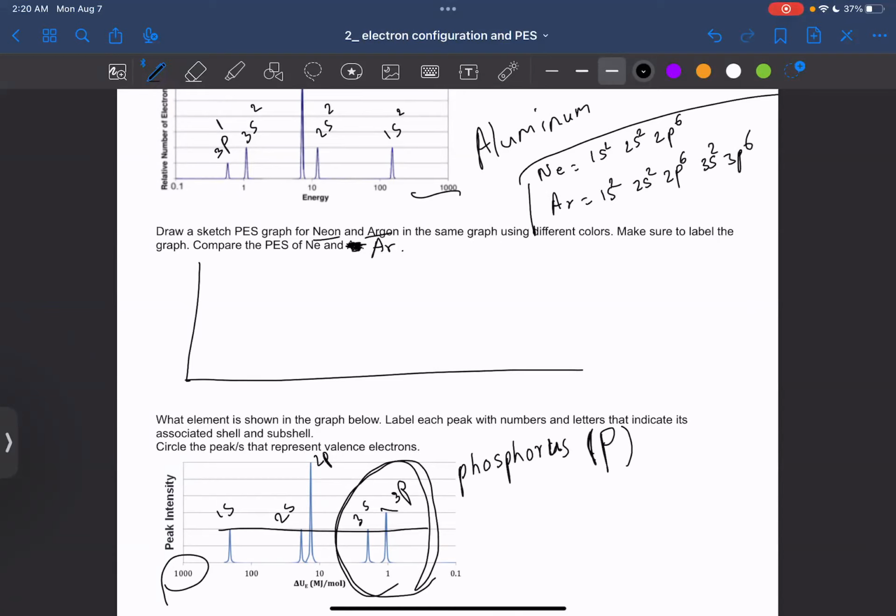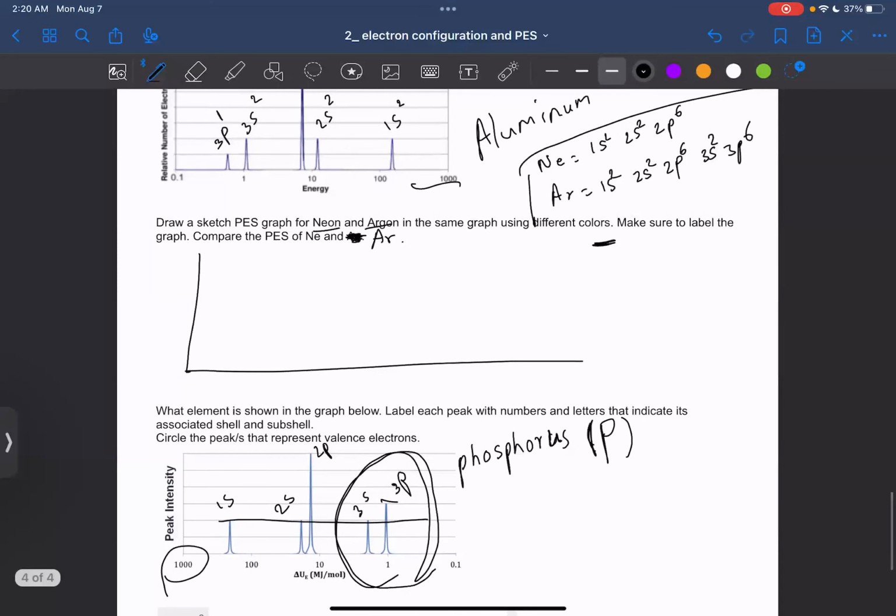So let's just draw neon first. On the test, you cannot use a different color to tell, so I'm just not going to use a different color. I'm just going to say that this is neon, like a really thick line, and then a regular line, something like that. I'm going to draw the line for 2, 4 and 6.